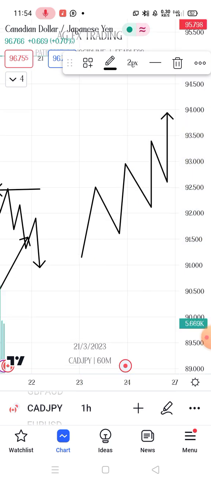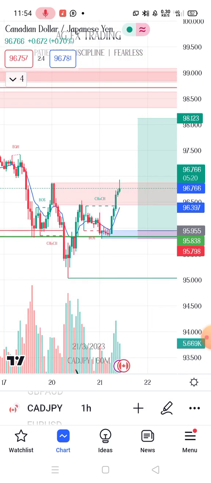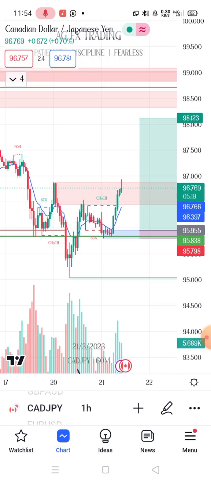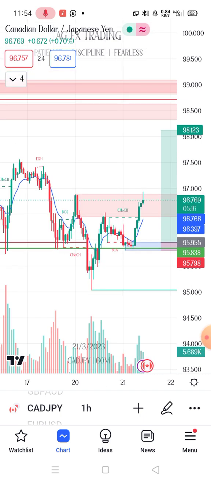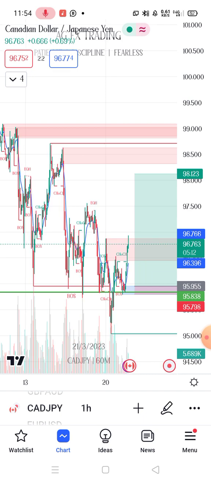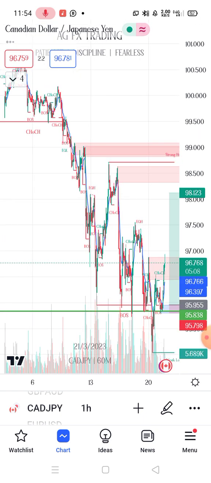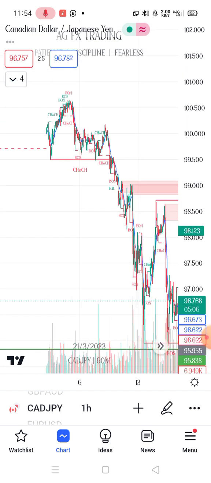It's moving up. Now let's see it on the main chart right now. This is Canadian dollars and Japanese yens on a 1 hour time frame. So let's see what it looks like. Now this is a downtrend.